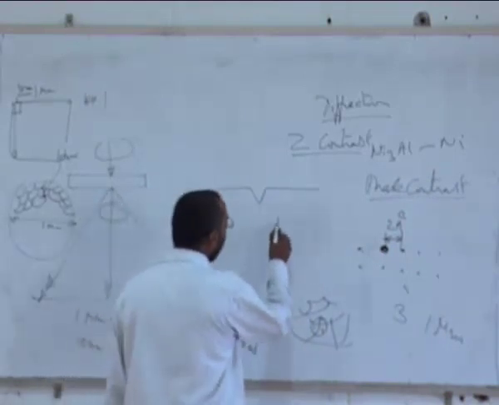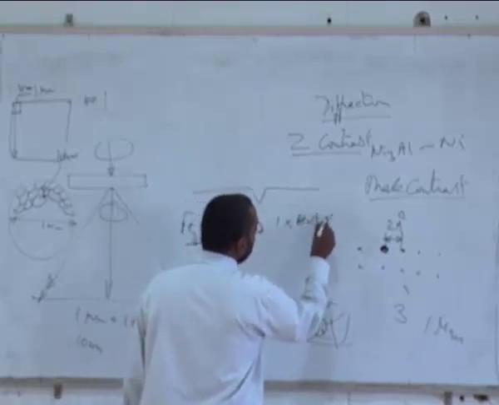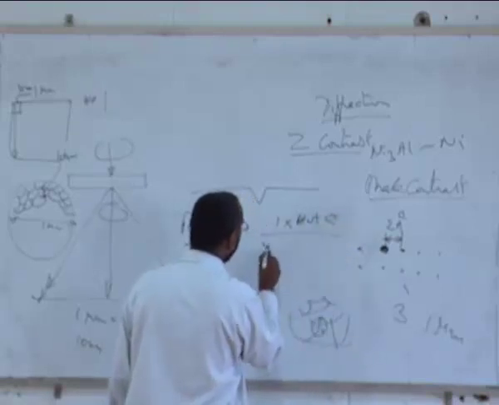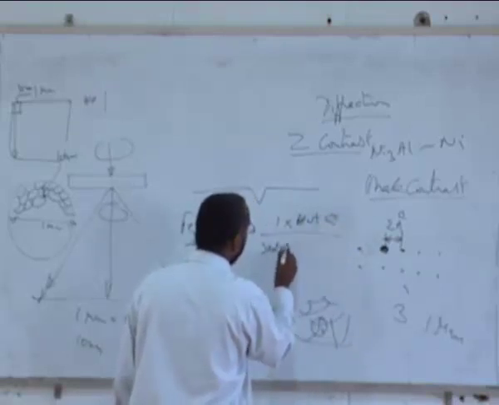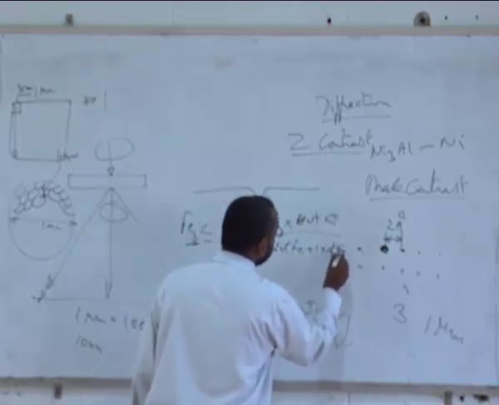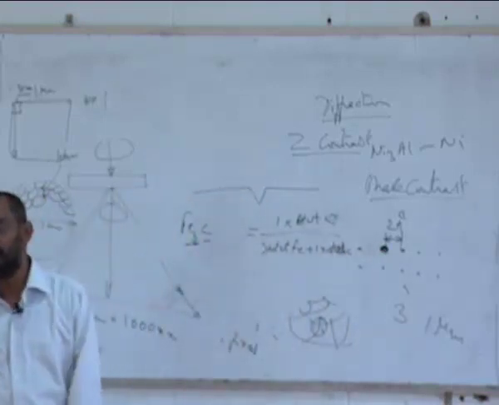So it is 1 into the atomic weight of carbon, divided by 3 into the atomic weight of iron plus 1 into the atomic weight of carbon, which will give you this percentage which you just now said, 6.67.